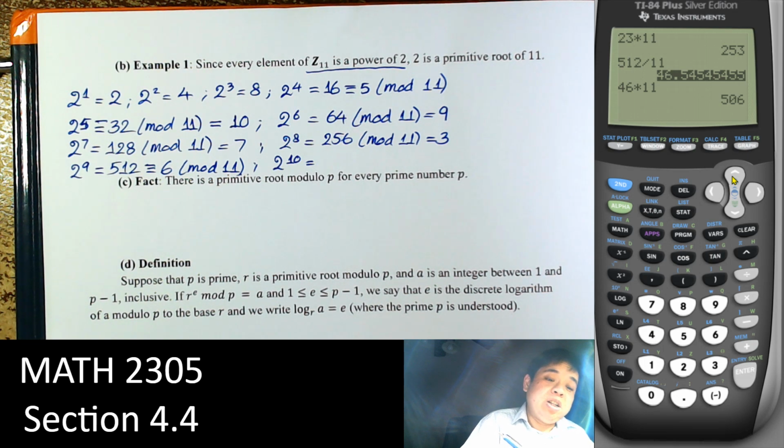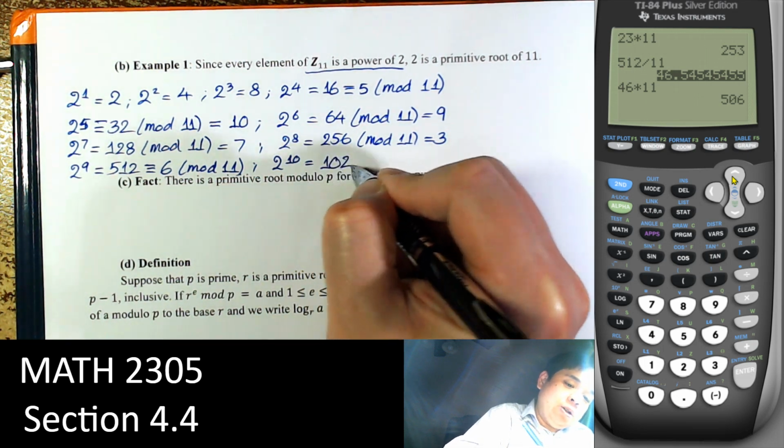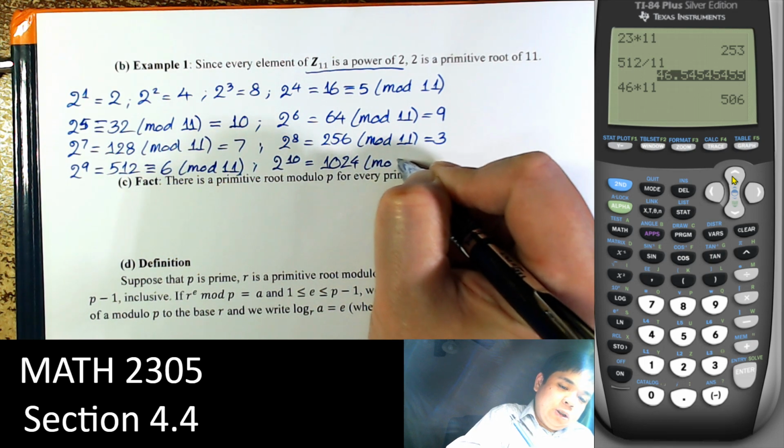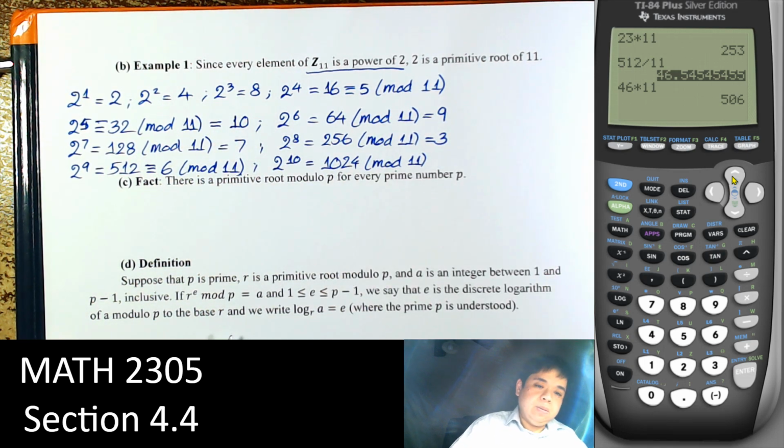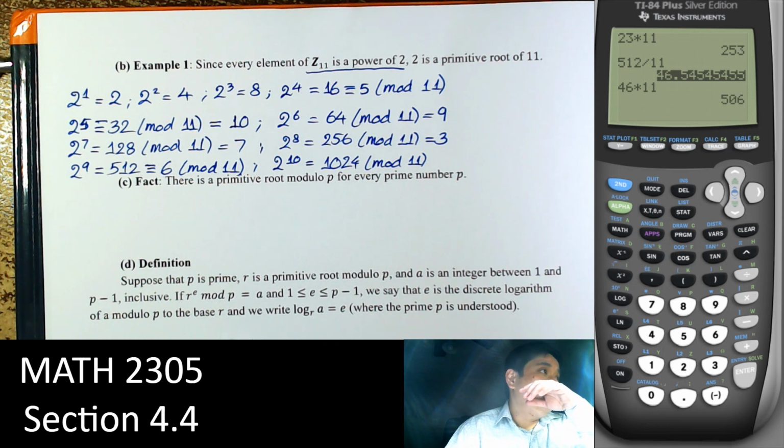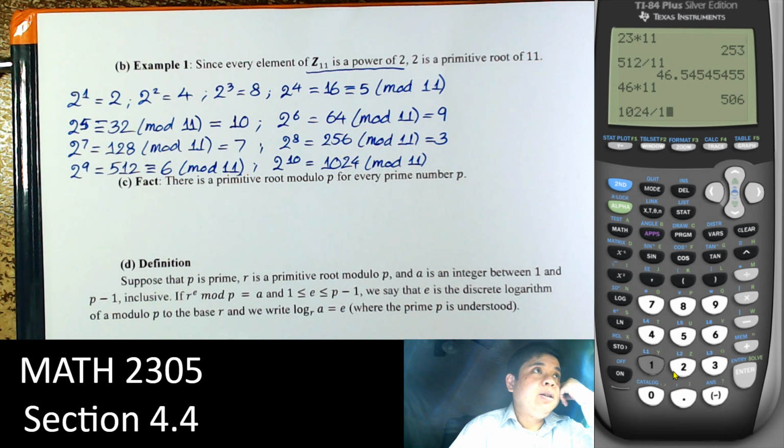The Fermat Little theorem. 1024 divided by 11 is 93 times 11, and we subtract from 1024, so that is going to be 1.